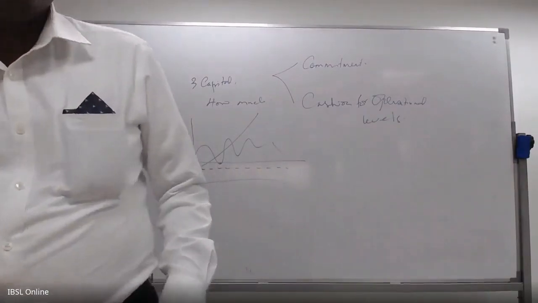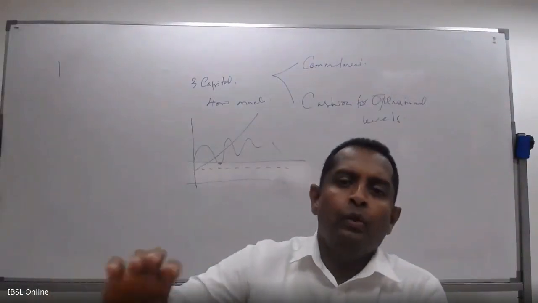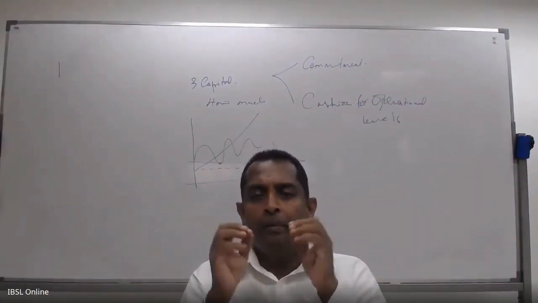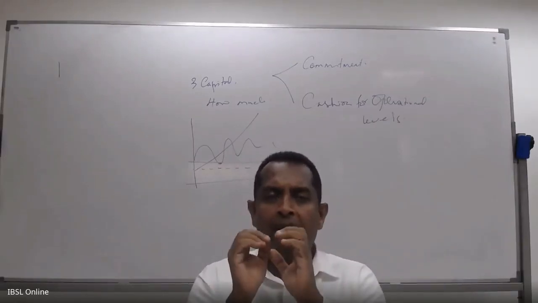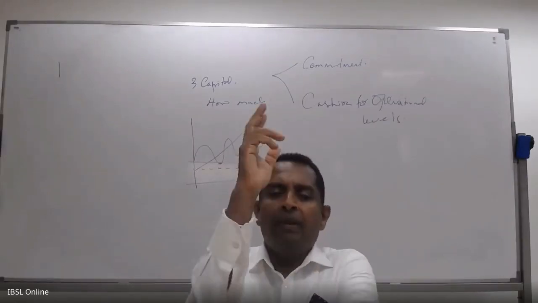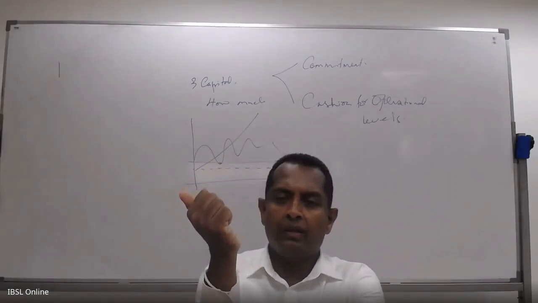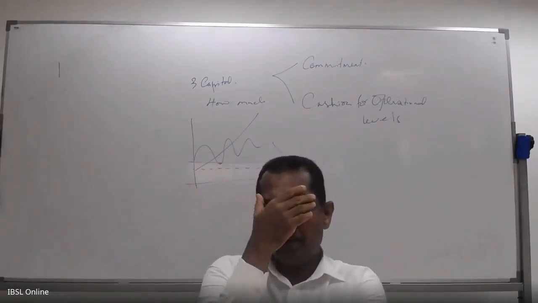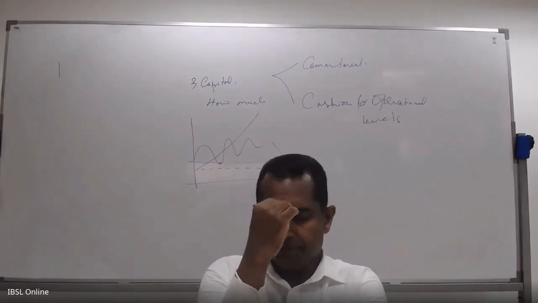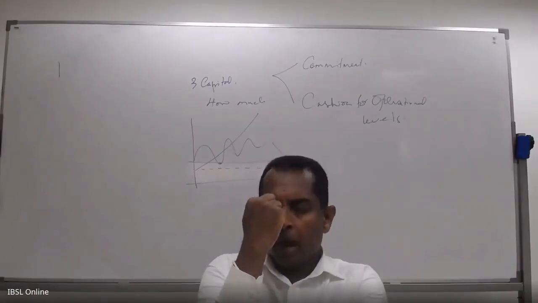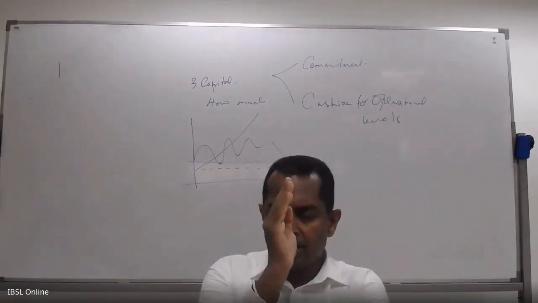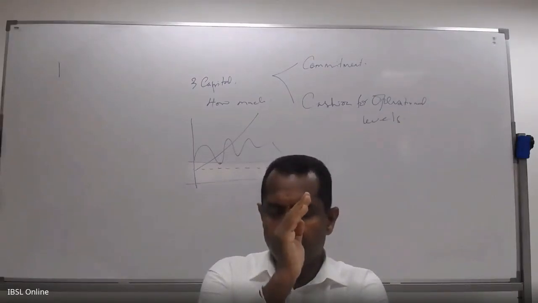So we look at capital invested, the money invested by the sponsor. We have discussed two things. First one, equity capital and debt capital. How much the investor, the promoter, has invested in the business.